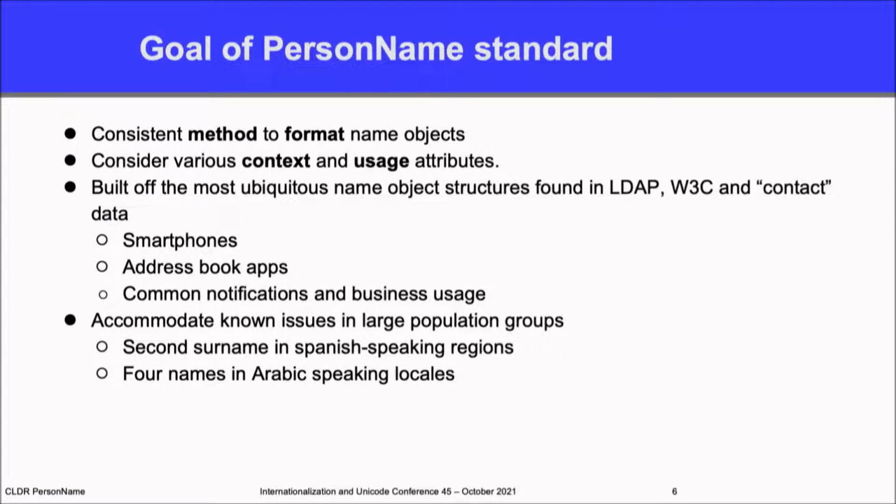So the overall goal of this standard is to have a consistent method for how to format name objects and to consider the context of those name objects when you're doing the formatting. There are things that we're still discussing, but one of the big goals is to make it as compatible as possible with ubiquitous name object standards that already exist. For instance, in HTML5, there's a set of autocomplete field names that every browser is going to have.